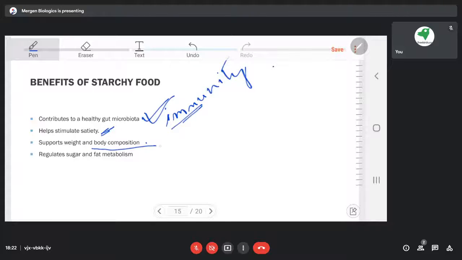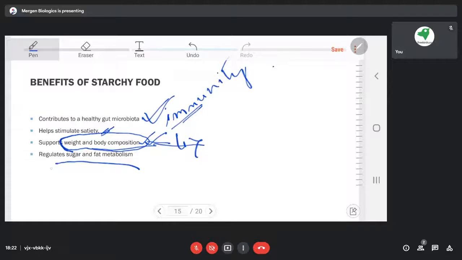Then the body has to break down our body fat to give us a normal amount of energy. When the liver resists the release of glycogen, the body has to break down fat so that we can get our needed amount of energy. So by that, the fat will get burned, and our body composition will be normal or a good amount, which we need.